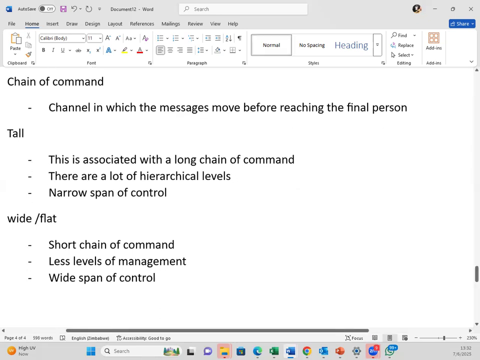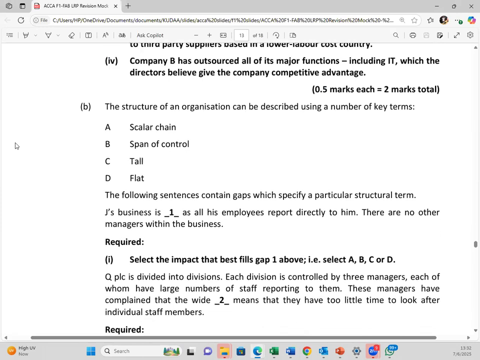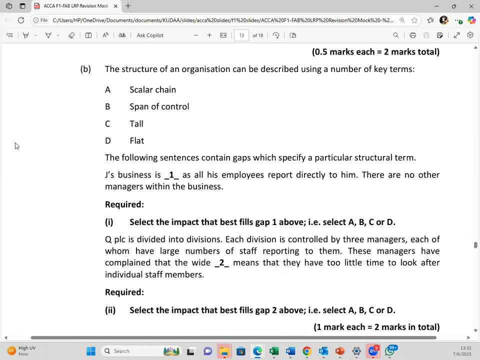Now, let's get to the question. The question says, the following sentences contain words which specify a particular structural term.